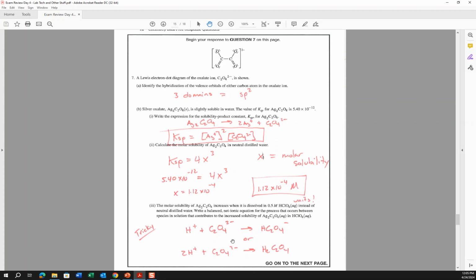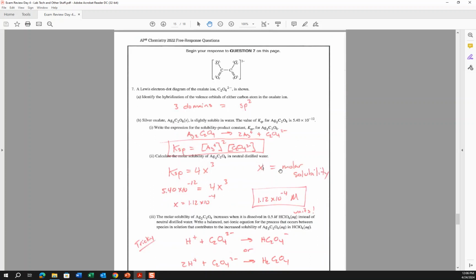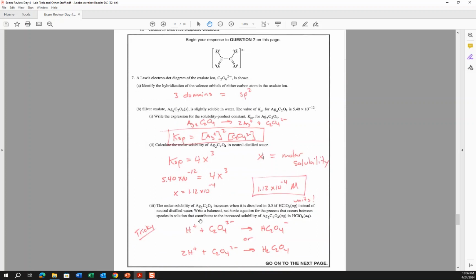And the reason is that if H plus combines with oxalate, you get a weak acid, and the weak acid will stay together. It's because oxalate is the conjugate base of a weak acid. And so the excess H plus will take out the oxalate, and then more silver oxalate will have to dissolve to reach the point of saturation. So there's 2 ways you could say it.